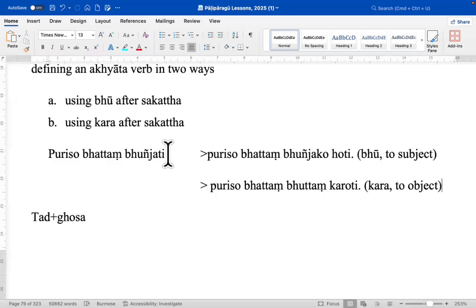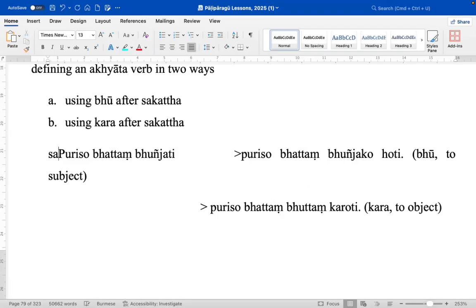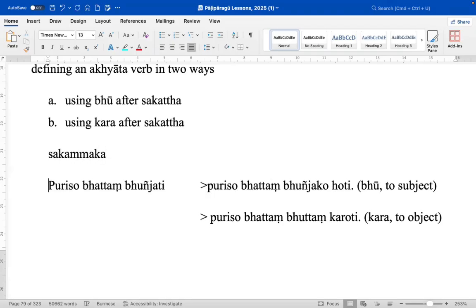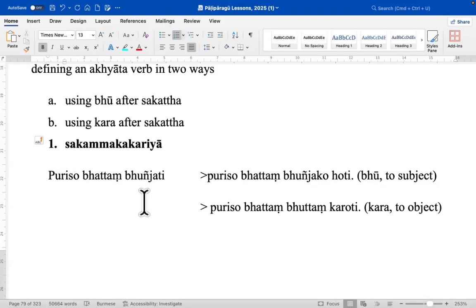So here, only akammaka, intransitive. Then bhuñjako hoti: Puriso is called vikati-kamma, bhuñjako is called vikati-kamma. Okay, then the next sentence. So this here is sakammaka kriyā. Now we go to akammaka kriyā.